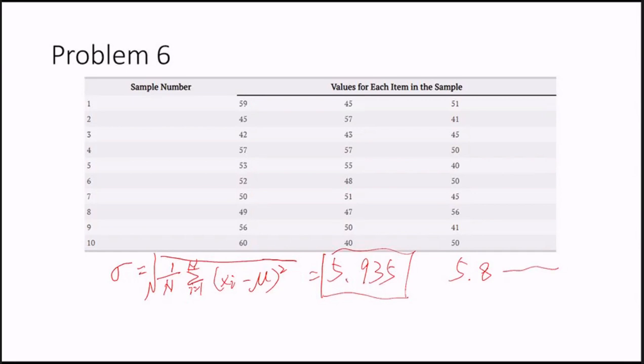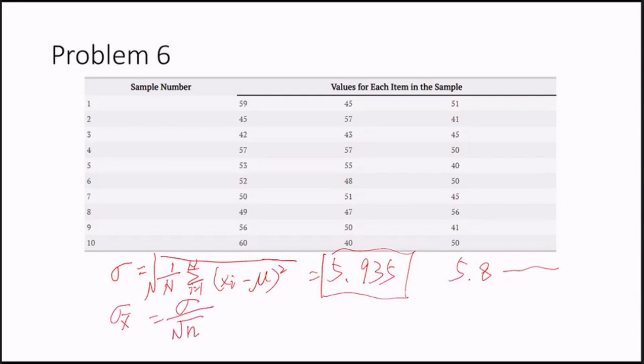And after we obtain the sigma here, the standard deviation, we will be able to find the standard error. So we use the number here divided by the square root of the sample size.